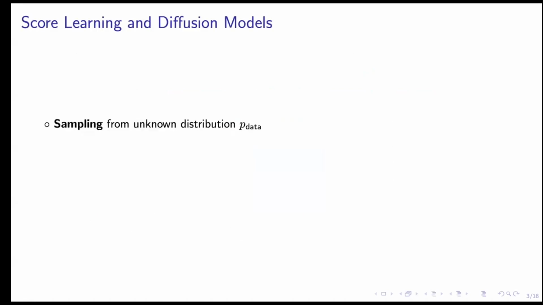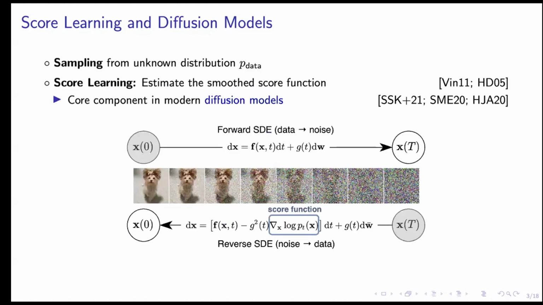In this work, we are concerned with the sampling problem. We want to sample from an unknown distribution P data, given samples from P data. A common way to do this is score learning.